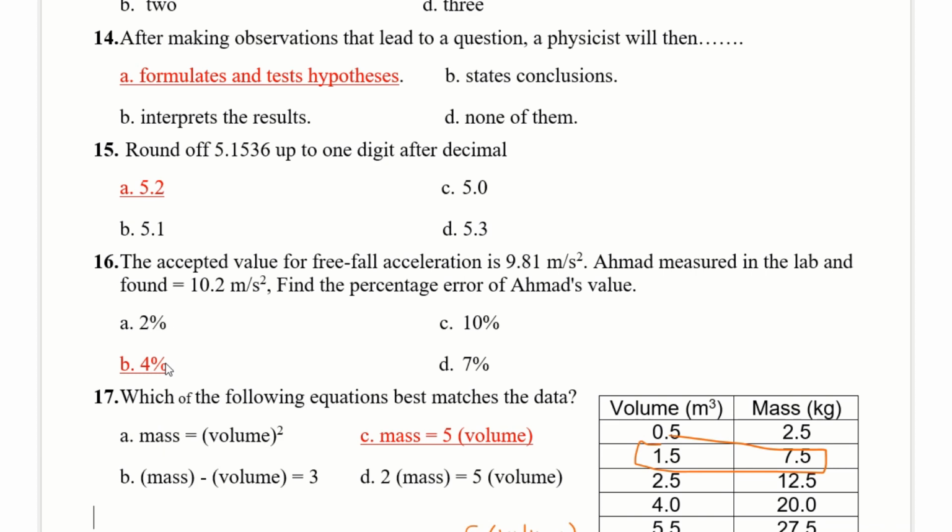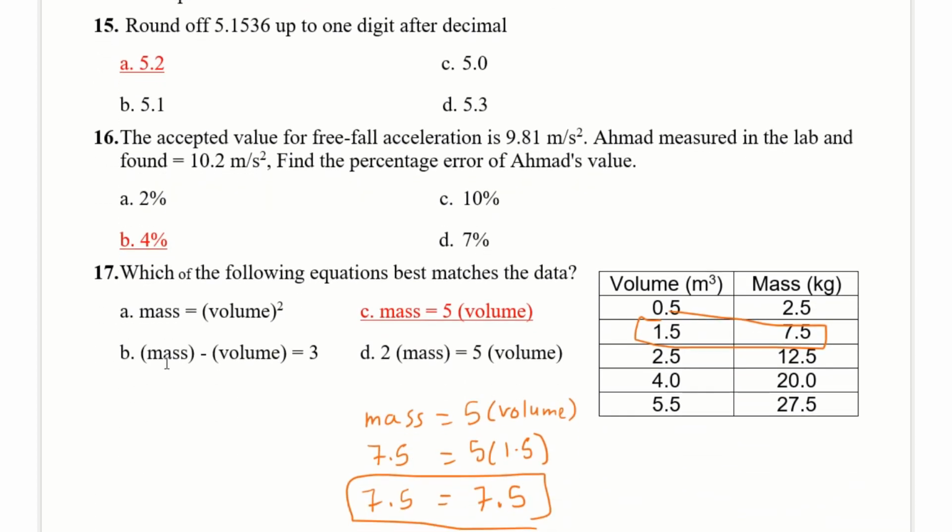Which of the following questions best matches that data? This is the data we have. This is a schedule, so you can choose any row. You can choose 0.5 with 2.5 or 1.5 with 7.5, any of these rows, and then I just substitute A, B and C and find C correct.